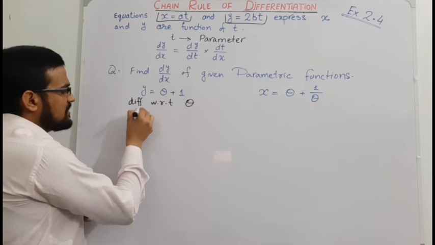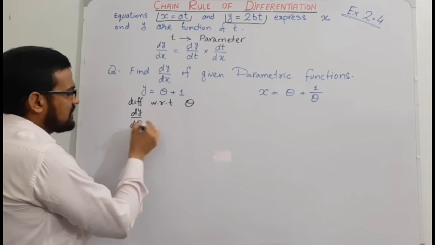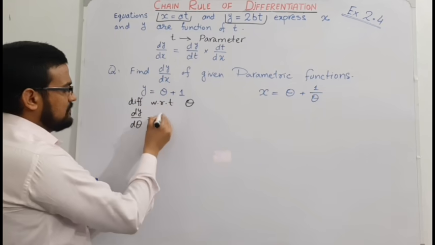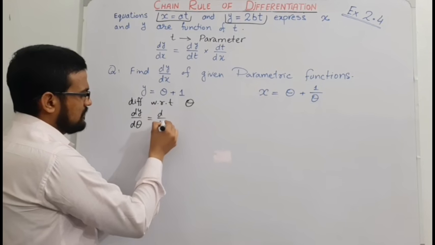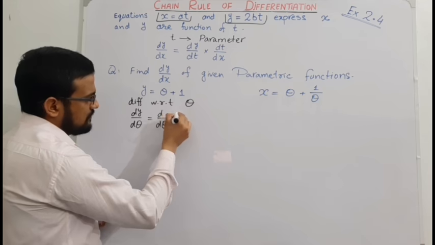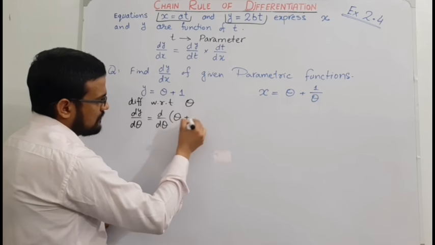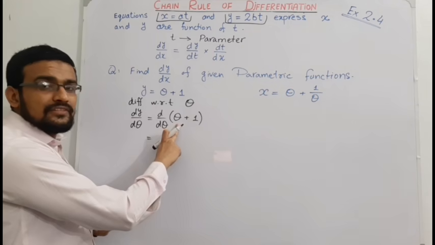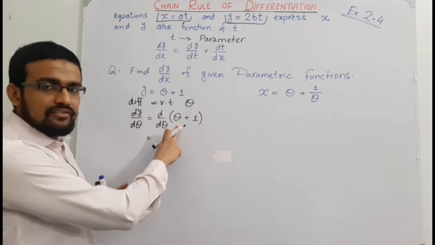It means dy over d theta is equal to the derivative of theta, theta is not an angle, not a constant.